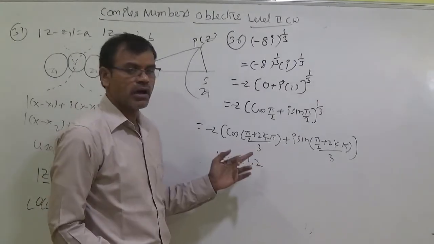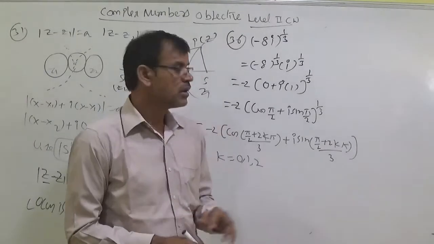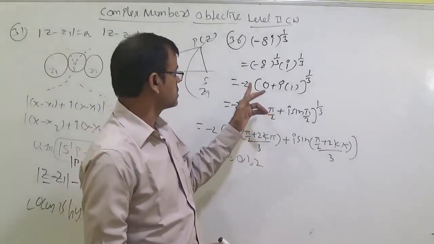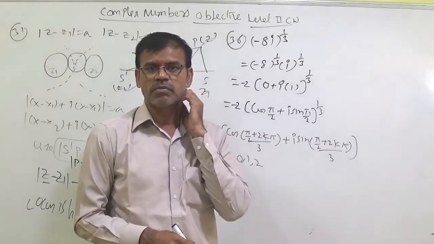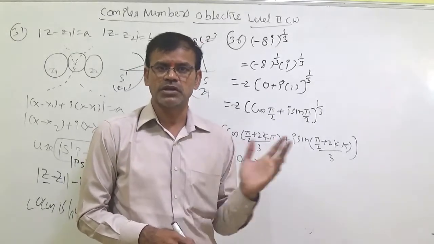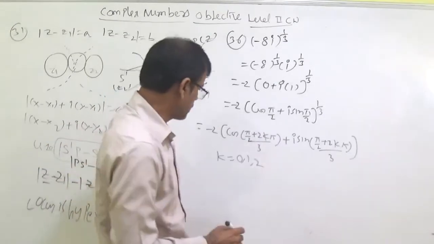This is the formula: cos theta plus i sin theta whole power 1 by n can be written as r power 1 by n into cos of (theta plus 2k pi) by n plus i sin of (theta plus 2k pi) by n, where k is equal to 0, 1 and so on. Otherwise, the cis of (theta plus 2k pi) by n concept.